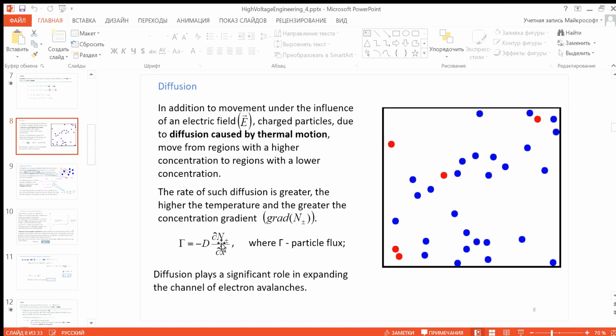So gamma is the particle flux, and dN by dx is the x component of the concentration gradient.